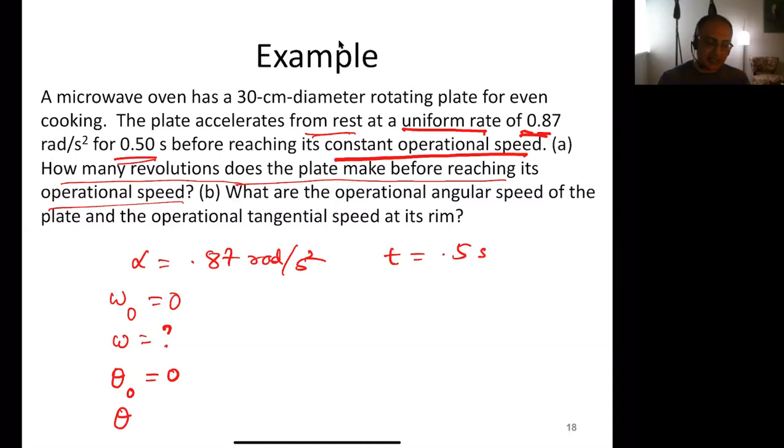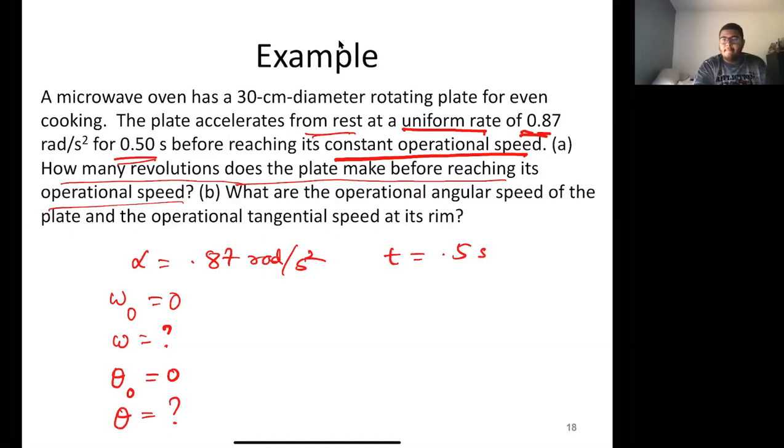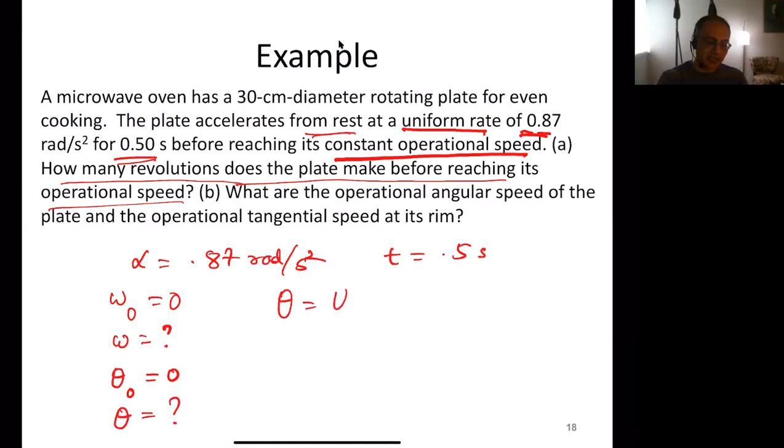So the final theta is what we are looking for in the first part of the problem, right? Just the way you would do a kinematics problem, which equation can I use to solve for the final theta? Can we use the second one? Yes, so final theta is equal to initial theta plus omega 0 t plus half alpha t squared.